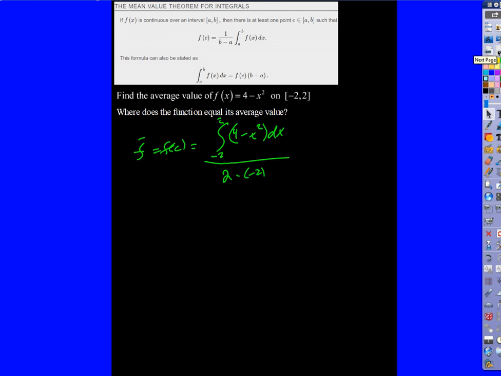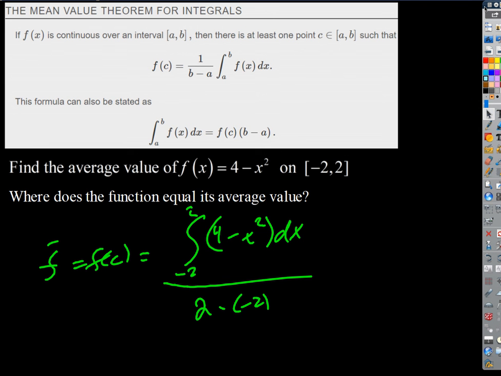Okay, so did we get the answer? Yeah, we did. So the average value was 32/3, right? Okay, so now where does the function have its average value? How would we find that?